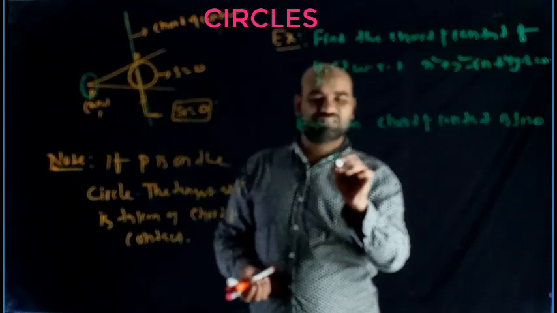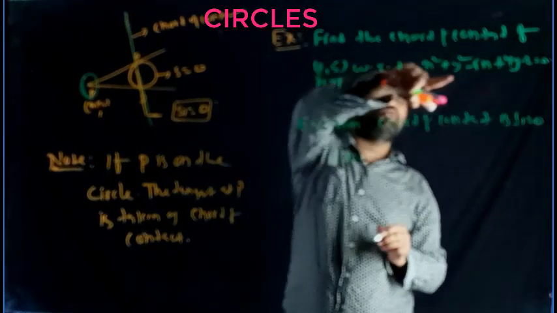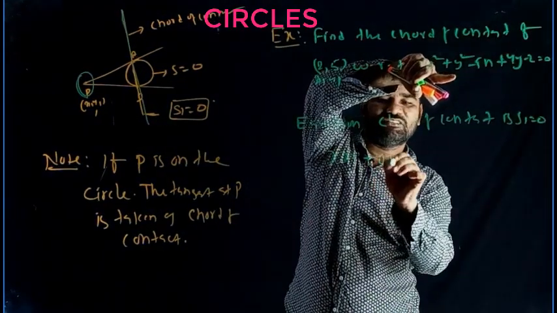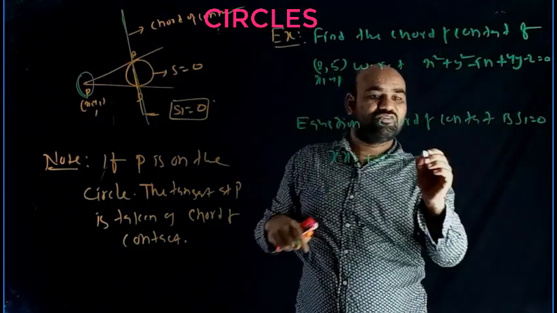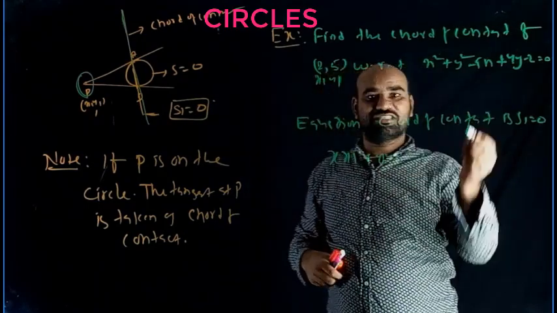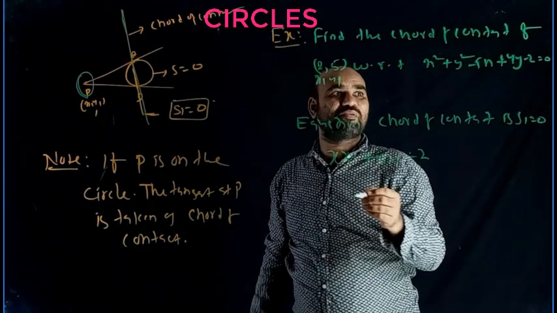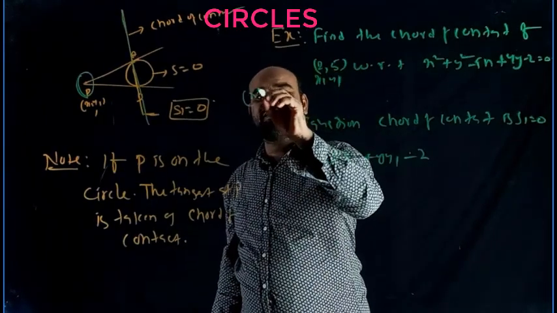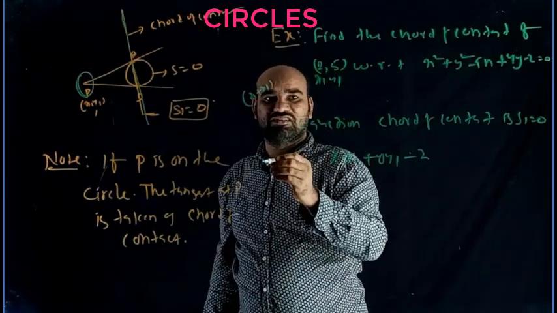Means xx1, so by using this you want to write xx1 plus yy1. See here, 5x is there, so how to write x has already been explained: x plus x1 should give 2x.